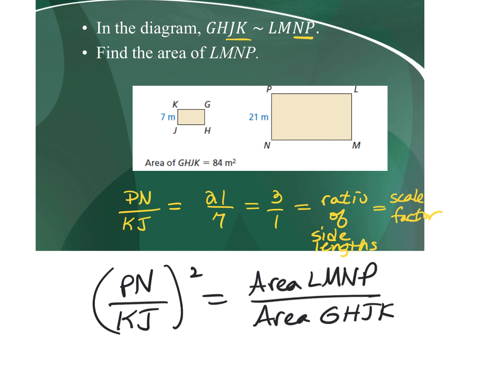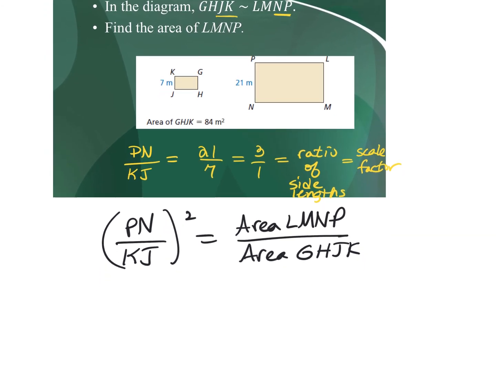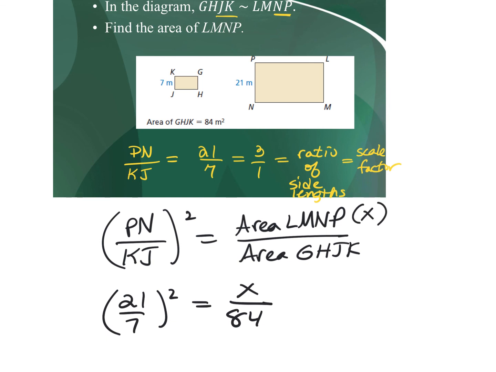So let's go ahead and try it. So what I would have done is take PN, 21 over 7, square it. They gave me the area of GHJK to be 84. And I'm going to let my area of LMNP be my X value.